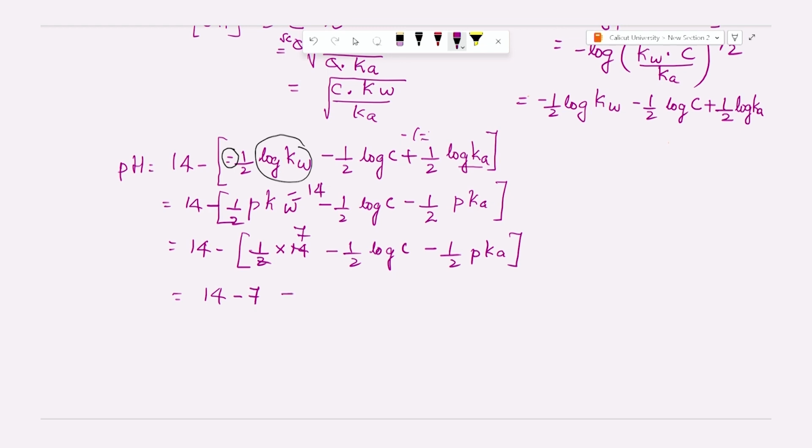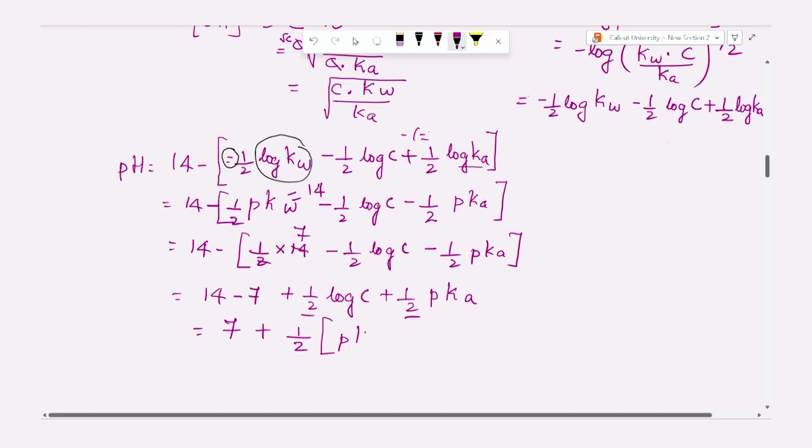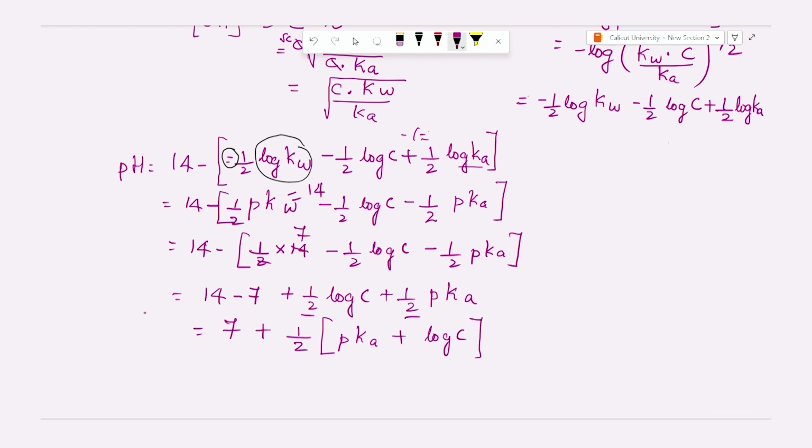This minus and minus becomes positive half log C. This minus and this minus again becomes positive, plus half pKa. 14 minus 7 is equal to 7. 7 plus, I am going to take the half outside as a common factor, into pKa plus log C. Now, this is the expression for pH for a salt formed from a weak acid and a strong base.